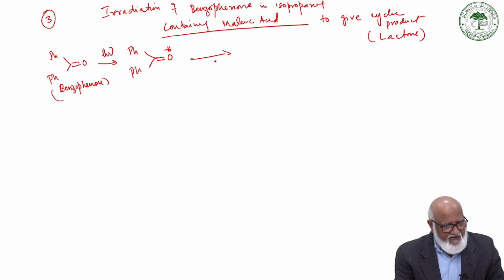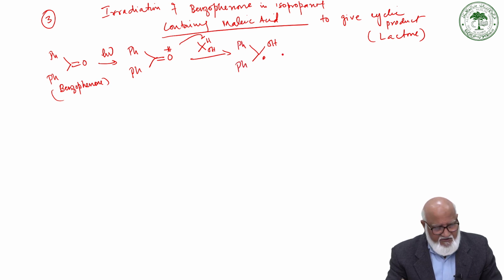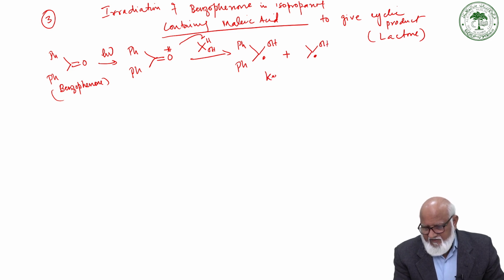The excited carbonyl, as we have seen in the previous case, abstracts a hydrogen atom from isopropanol to give a pair of ketyl radicals, Ph plus, the ketyl radical pair.